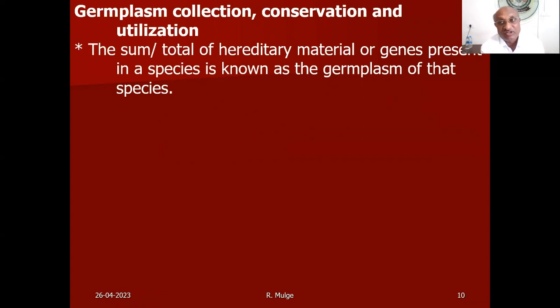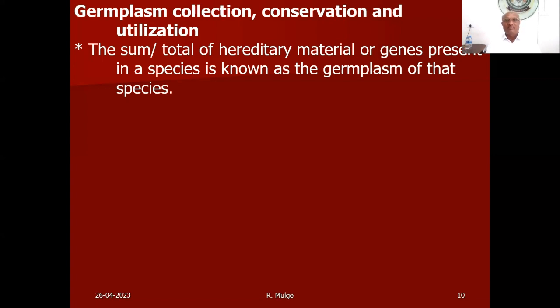Not only that criterion, even the related wild species, where they are, then you start believing that this is the place where it originated. So it is better to refer to them as centers of diversity rather than centers of origin. Whatever, these are the centers of origin of crop species, definitely 12 centers. In various other parts of the continent you will find crops, but not crops that originated there.